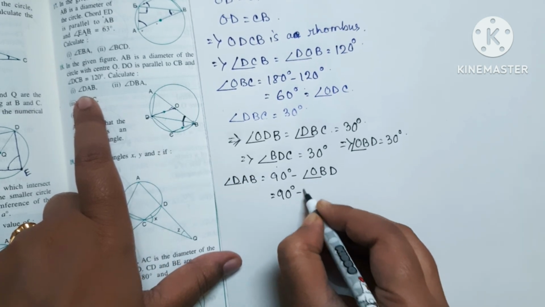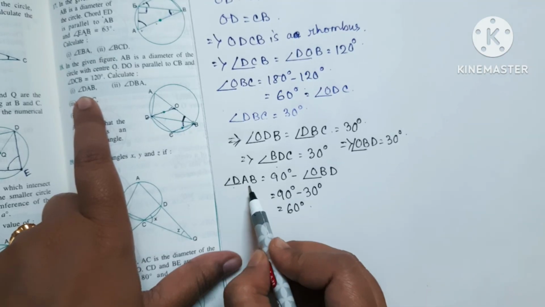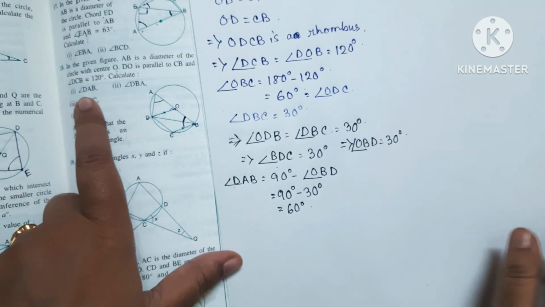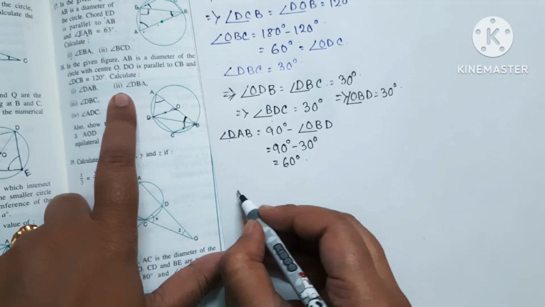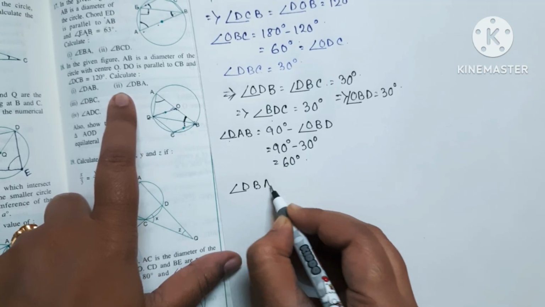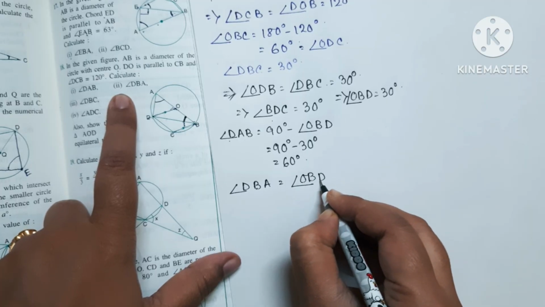So 90 degrees minus 30 degrees, this will become 60 degrees. So DAB, this angle, is 60 degrees. Now next one, DBA. Angle DBA is equal to angle OBD, that is 30 degrees.